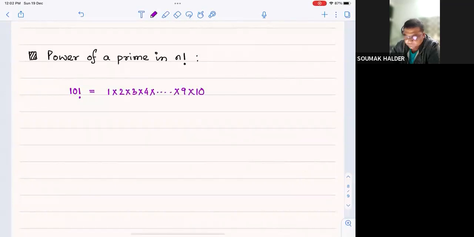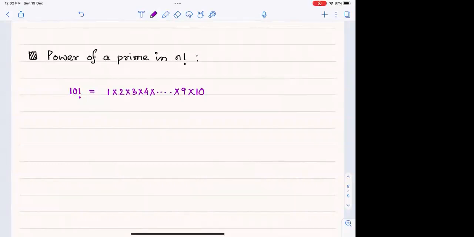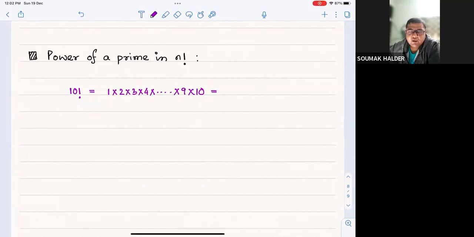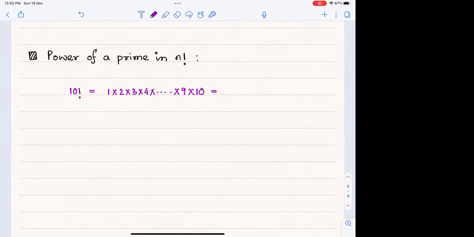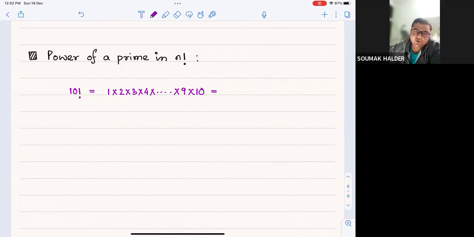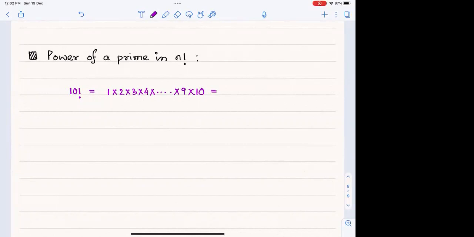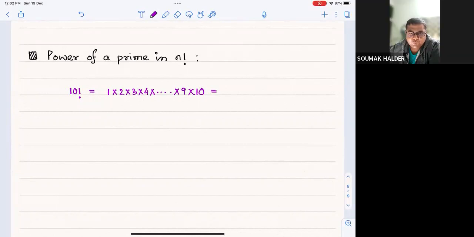Now, if I try to think of these numbers, how many distinct primes are involved while describing these numbers from 1 to 10? Definitely some of them are prime and the rest are composite.